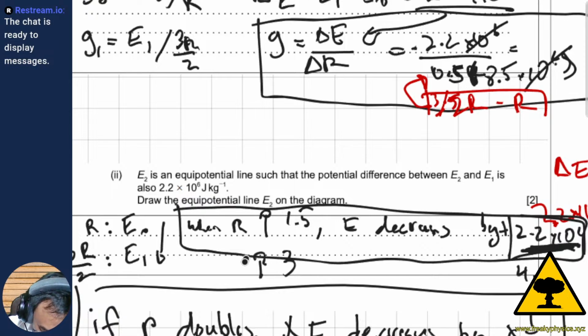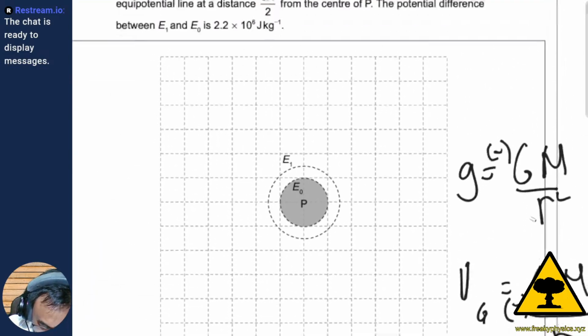So basically your R2 will now be equal to 3R, and that is what you will draw in here.